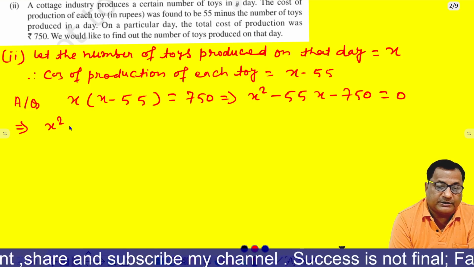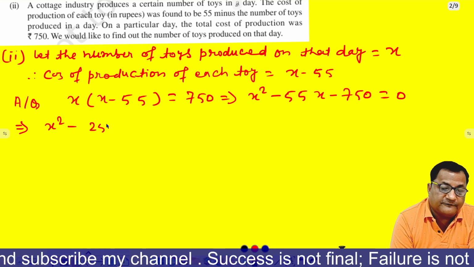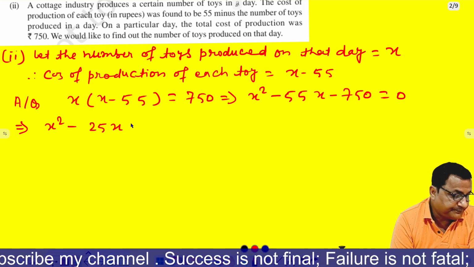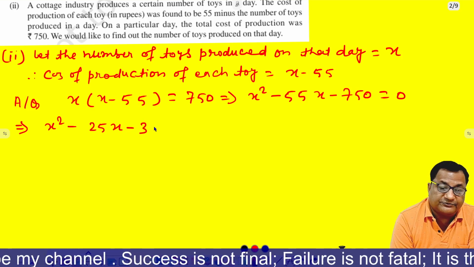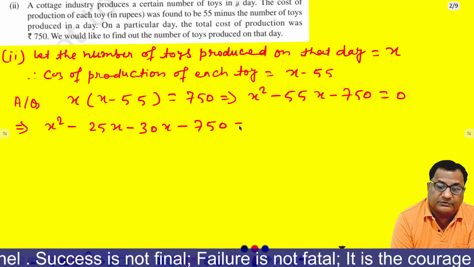So x square, if you split the middle term, minus 25x minus 30x minus 750 is equal to 0.